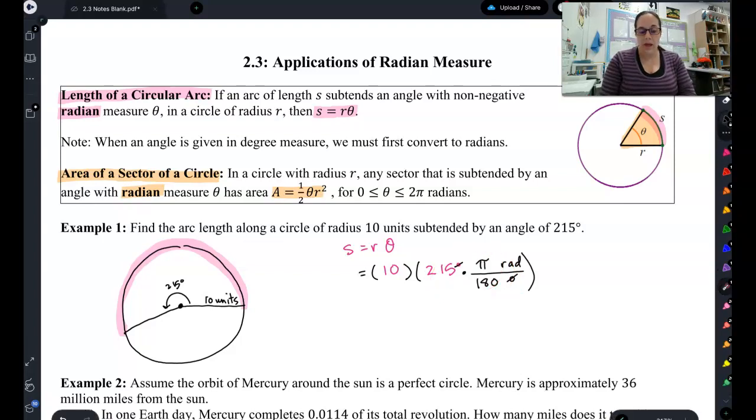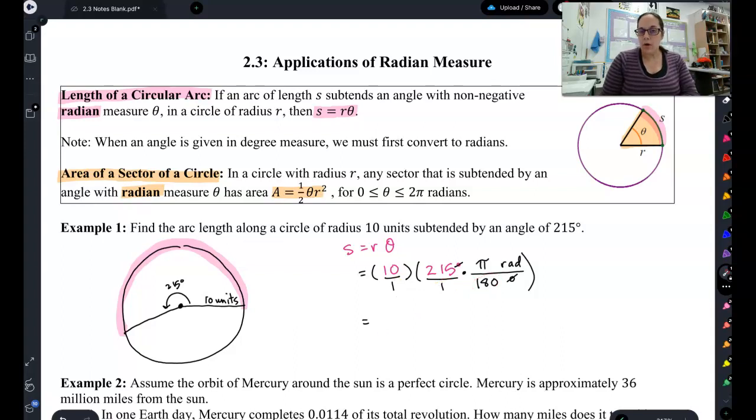So what we can do now is remember this 215 is technically over 1, and this 10 is over 1. So in your calculator, you can just use your fraction button, and in the numerator you'll multiply across. So do 10 times 215 times pi in the numerator. And in the denominator, you multiply across 1 times 1 times 180.